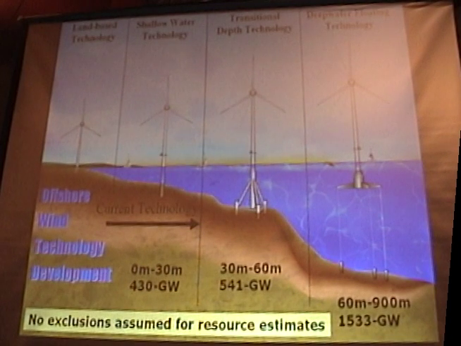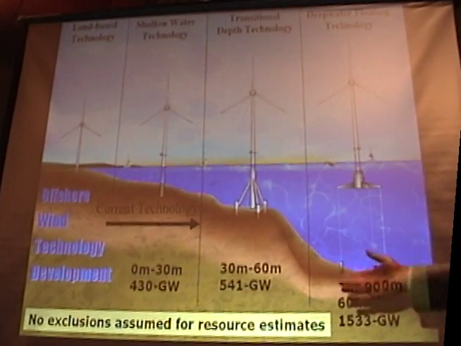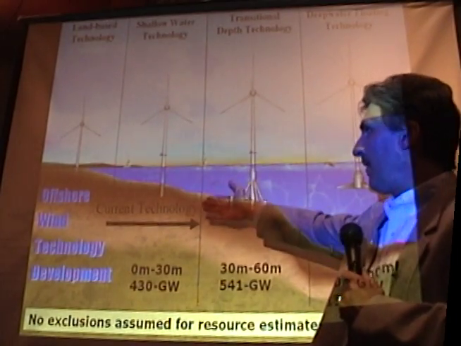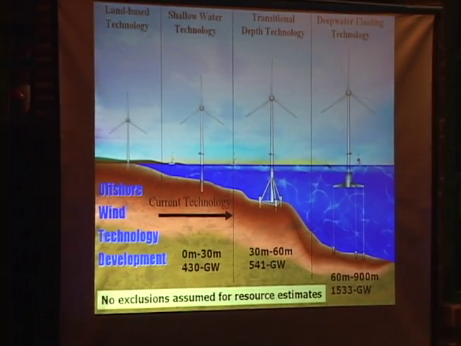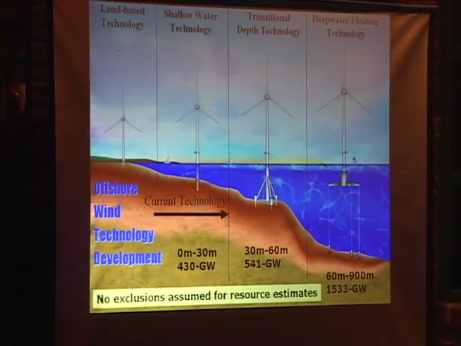So the technology for offshore is going to play out like this, I believe. We've done quite a few studies on the resource and looked at the bathymetry, which is the depth, compared to the wind resource over that area, and come up with some rough numbers. Today, the current technology looks like this. It's a monopile. It's pounded into the sand. The depths don't exceed 25 meters yet, and that's what we call shallow.